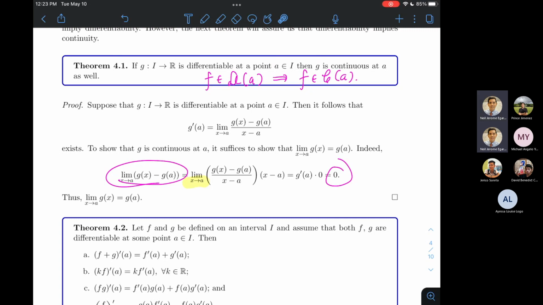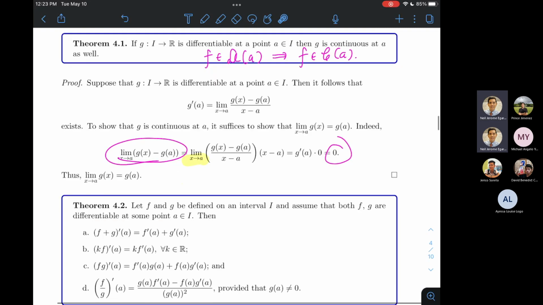Kaya sabi ko kanina, pwede nating idagdag dun sa list natin ng mga criteria para sa graph ng isang function para siya ay maging differentiable. So dapat continuous muna yung function. So kasi pag discontinuous yung function, automatic na siya ay hindi na posibleng maging differentiable. Pero kung siya ay continuous, still there is a chance that it might not be differentiable. All right?